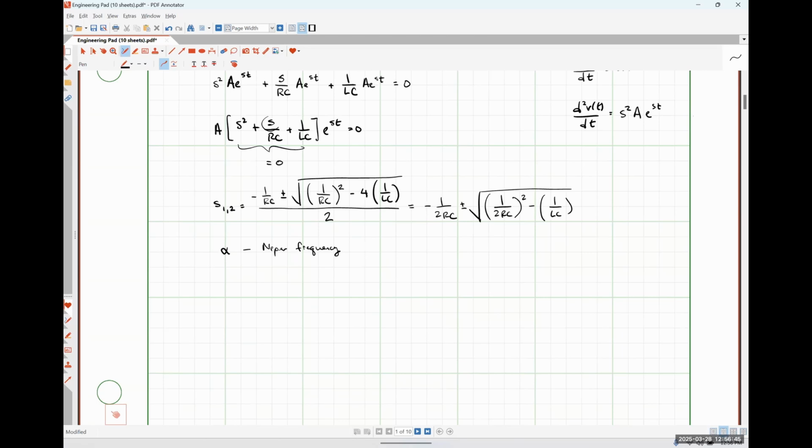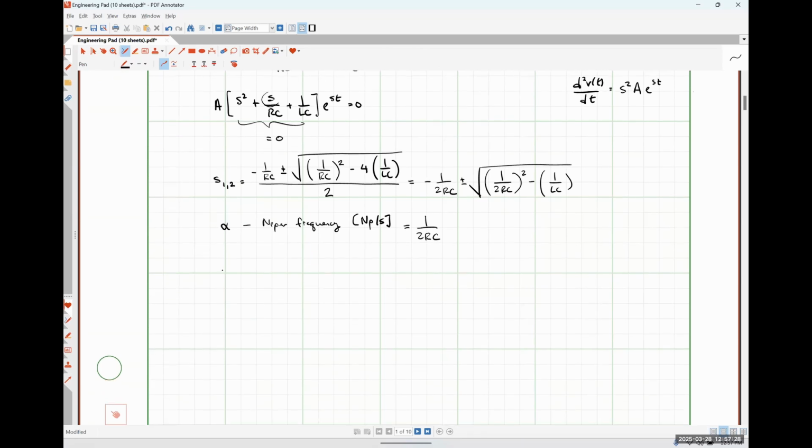So this Neper frequency is describing how our signal is attenuating or decaying over time, okay? The Neper frequency is measured in Nepers per second, where a Neper is a dimensionless quantity. So we could literally just say that alpha is measured in per seconds and be perfectly okay with this thing, okay? So mathematically, our Neper frequency, specifically for a parallel RLC circuit, is going to be defined as 1 over twice RC.